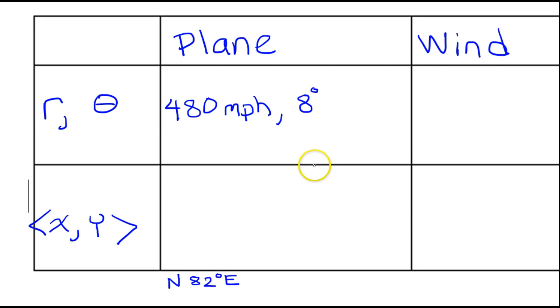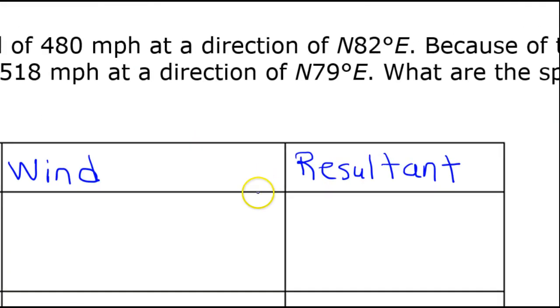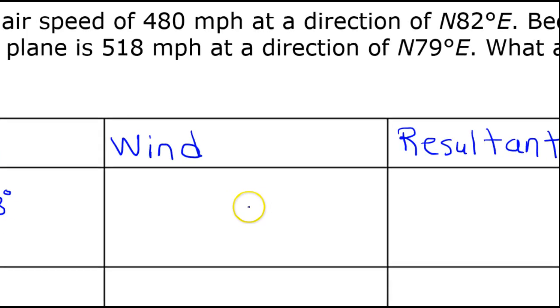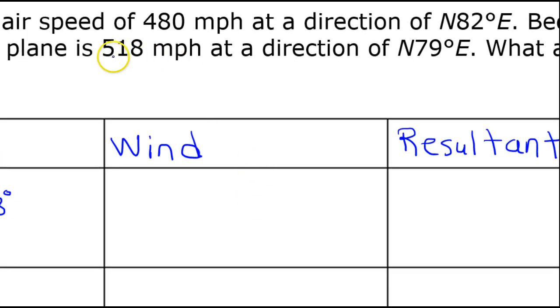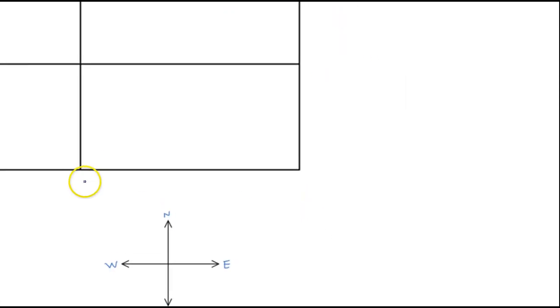Okay, let's do the same thing for the resultant vector that we're given. Because of the wind, the plane is flying at 518 miles per hour. That's the magnitude, so 518 miles per hour, at a direction of north 79 degrees east.